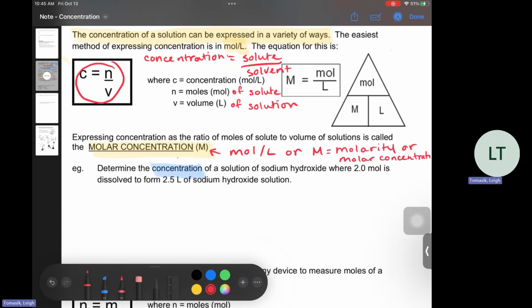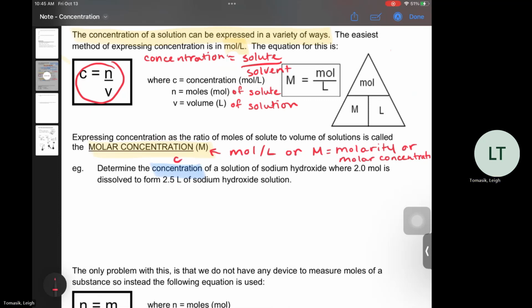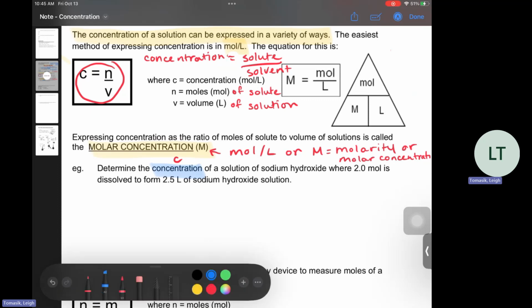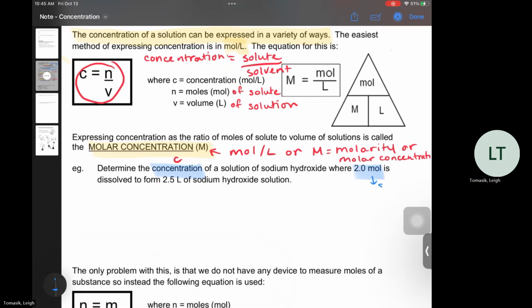So they're asking us to find C of a solution of sodium hydroxide where 2 moles, that is our solute, is dissolved to form 2.5 liters of sodium hydroxide solution. So this is our V.